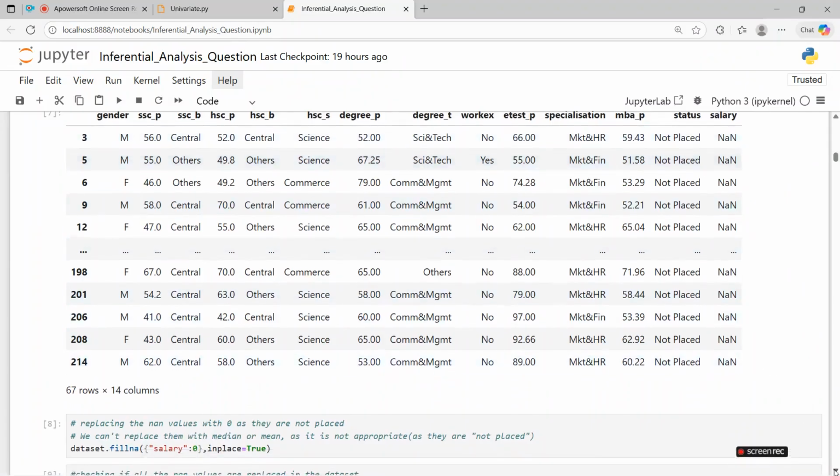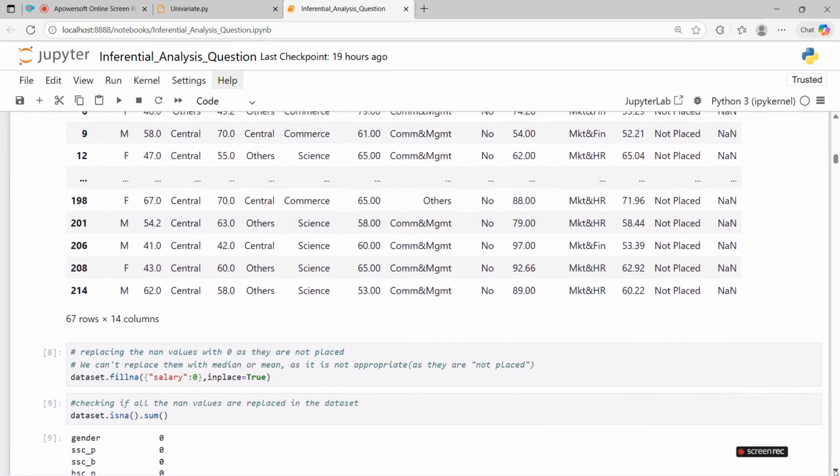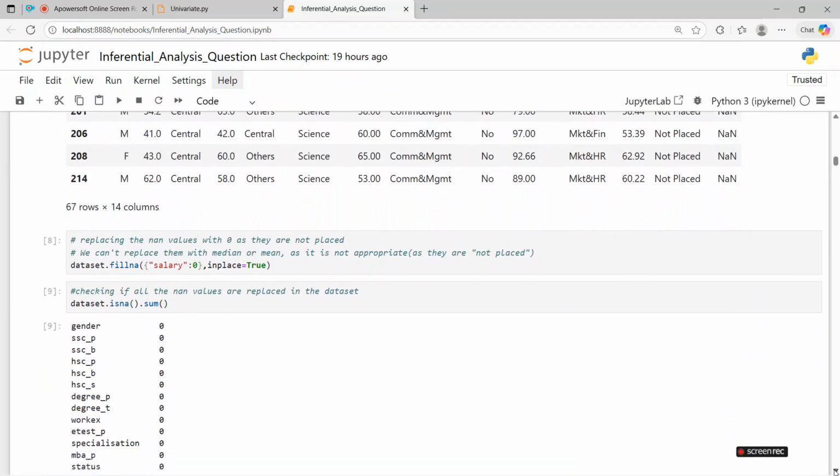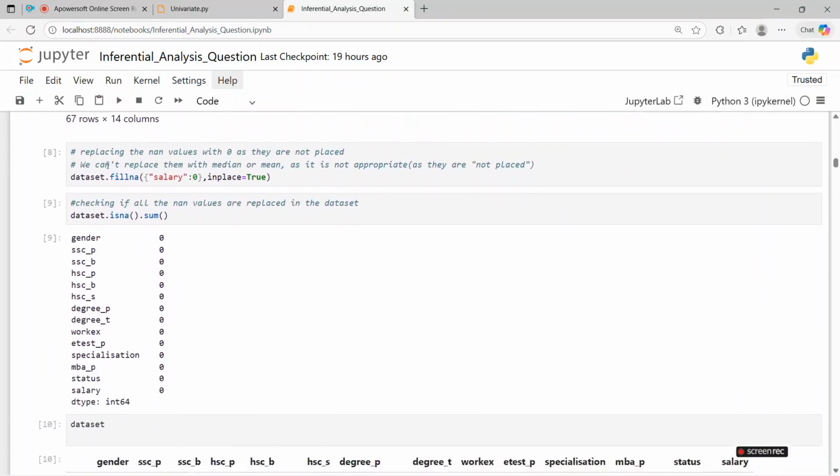So we will not be able to replace them with mean or median here. So we are taking the logical approach. As they are not placed, they will not be having any salary. So we are replacing them with 0. So we are using dot fillna method for the salary column with 0 value and we are giving inplace equal to true so that the changes will be reflected back to the dataset.